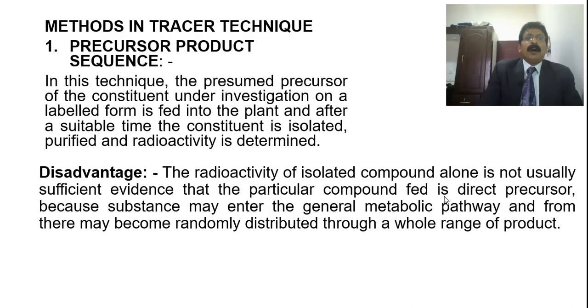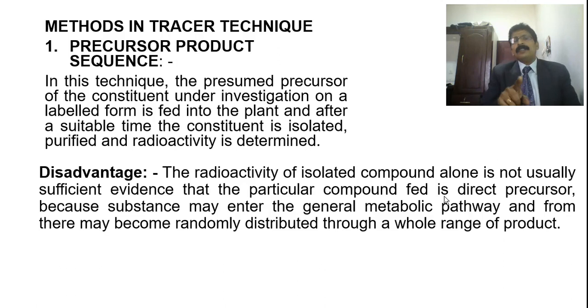A labeled form is fed into the plant, and after a suitable time the constituent is isolated, purified and radioactivity is determined. What is happening in this technique? In this technique, the presumed precursor of the constituent under investigation in a labeled form is fed into the plant, and after a suitable time the constituent is isolated and purified and radioactivity is determined.